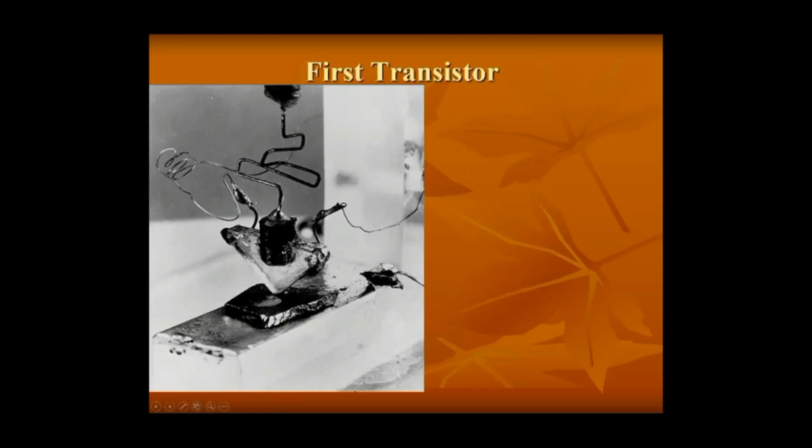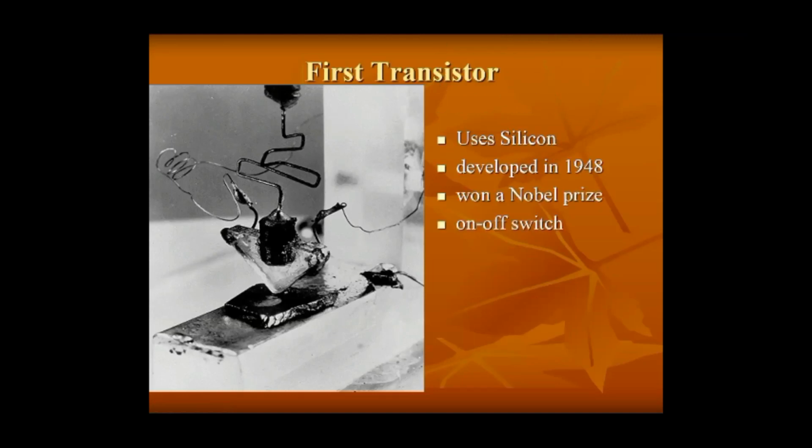Second generation. For the second generation, class, we use transistors. This is not the computer, but this is the actual transistor. This is the very first transistor that we had. It uses silicon, was developed in 1948, and won a Nobel Prize, wherein it has an on and off switch.